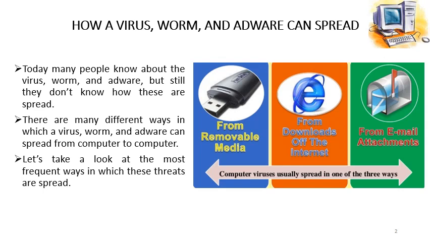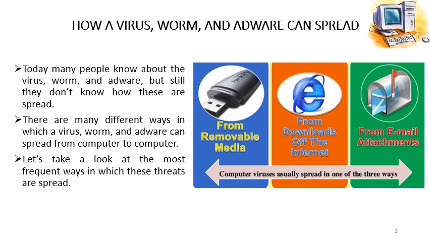The most common ways in which these threats spread are mainly from removable media, that is most of the time USB. When our USB or flash drives are infected, that will be the main reason of virus spread or other security threats.